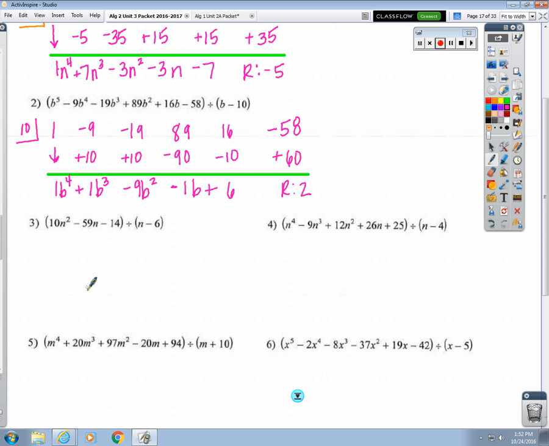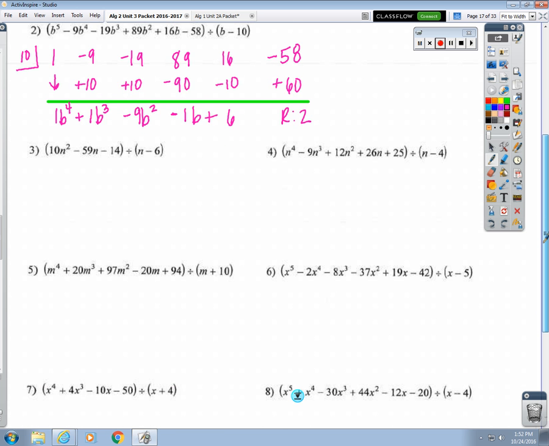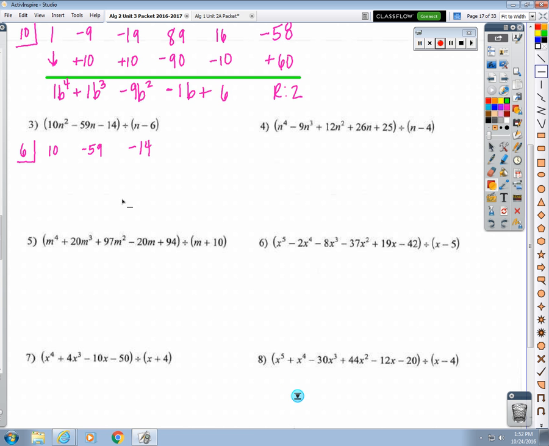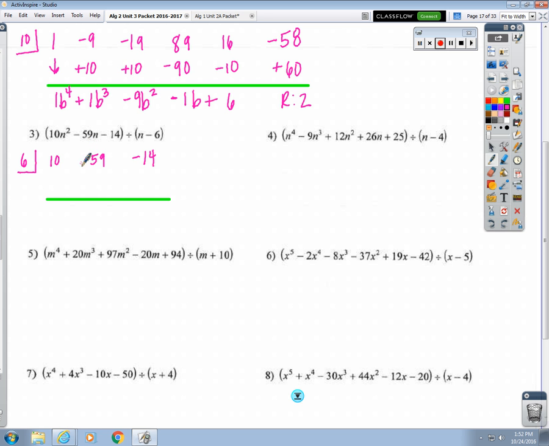I'm going to do it with you. Number 3. What number goes in the box? 6. What numbers come right here? 10, negative 59. Then you draw your line. What number drops down this time? 10. The first number always drops straight below the line.